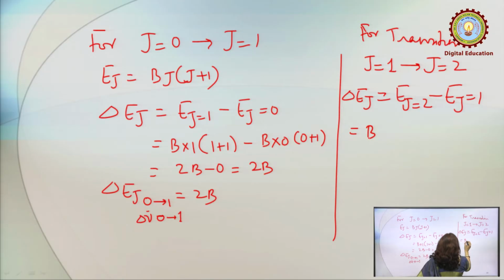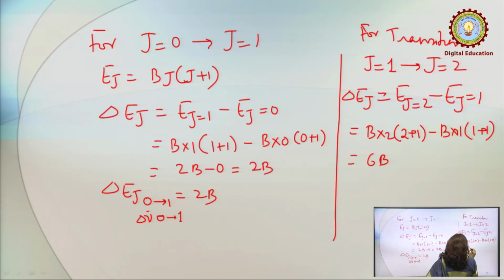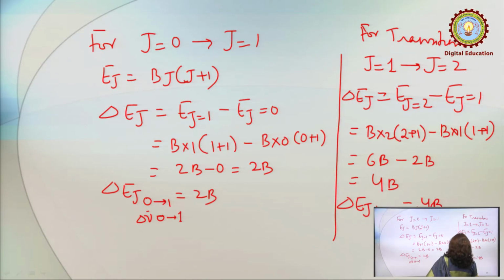Likewise, B into 2 plus 1 minus B into 1 plus 1, that is 6B minus 2B, or it comes to 4B. For delta E_J 1 to 2, we get 4B.